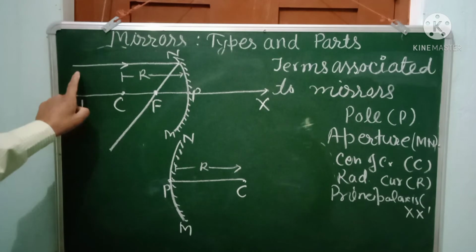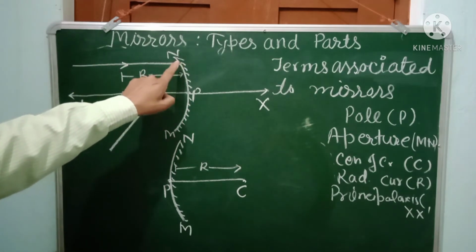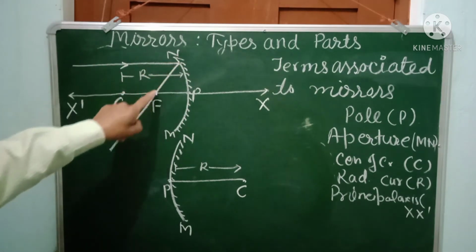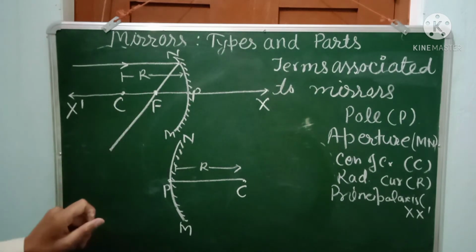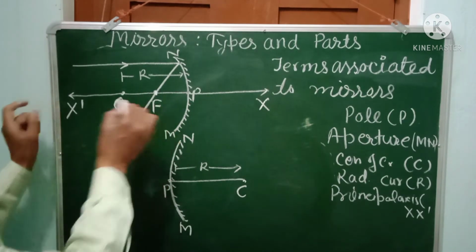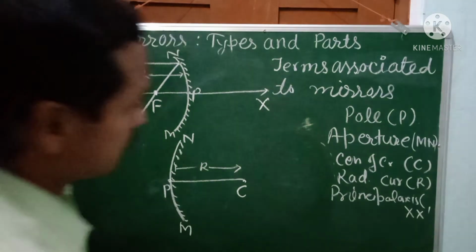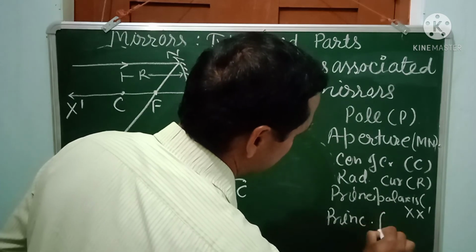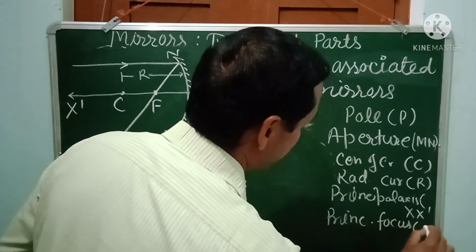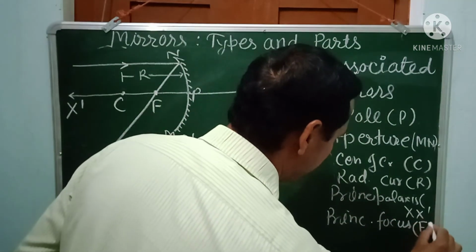Now a ray parallel to principal axis after reflection by the mirror passes through a point F on principal axis. This point F is called principal focus and is denoted by the letter capital F.